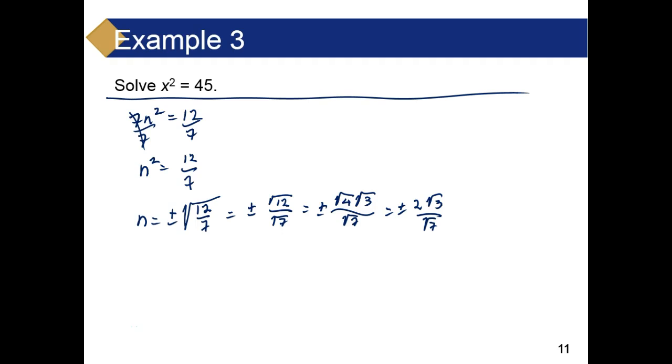Okay? But there's another thing. Actually, there's 2 things. We don't like radicals in the denominator, and we don't like denominators in the radical. Either one. Okay? Now, there's a reason for that, but it's an ancient reason. Not really that old, but it is a reason. All of you have grown up with calculators, right?